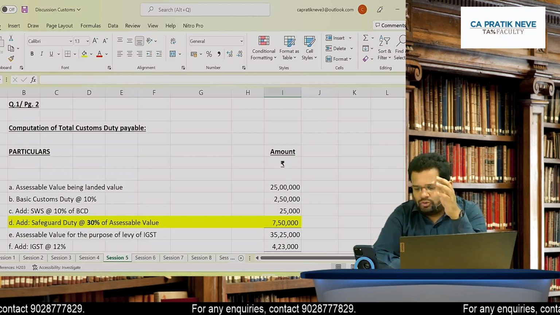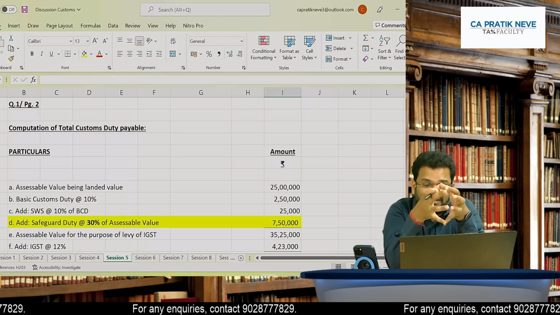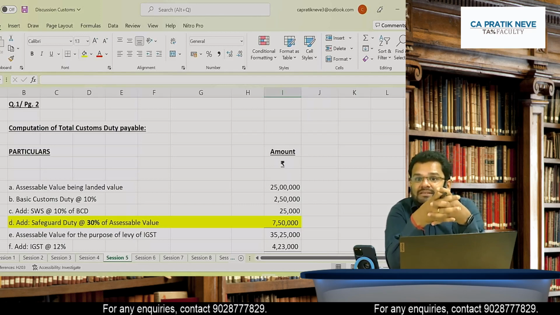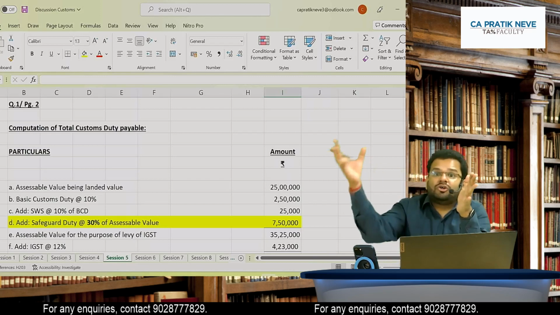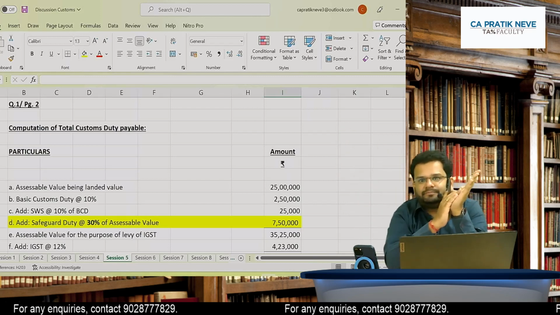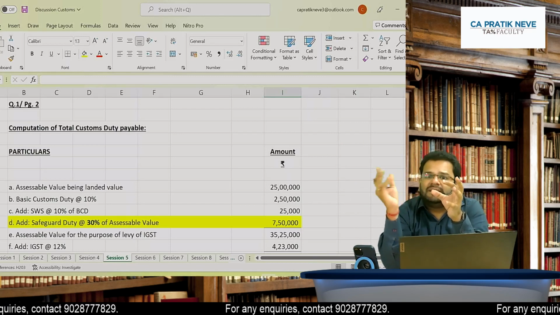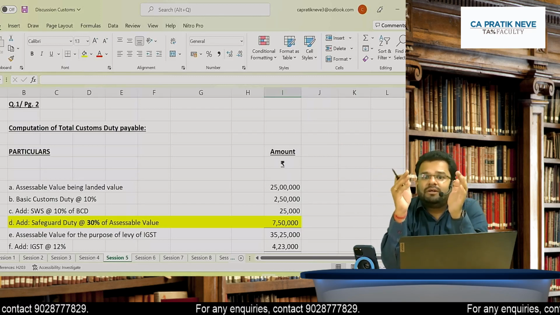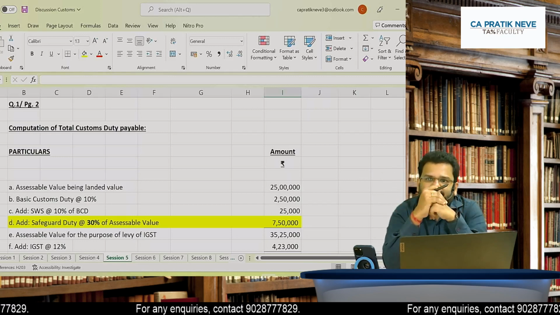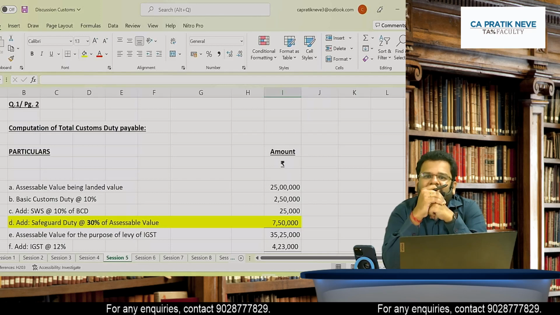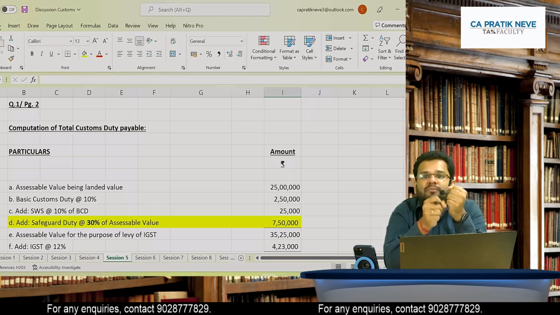So he should be given a safety. He should be given assurance that his market will not be hampered because of imports. So to stop this unnecessary imports, government will levy or may levy safeguard duty. Literally they are guarding the Indian manufacturer of these commodities.